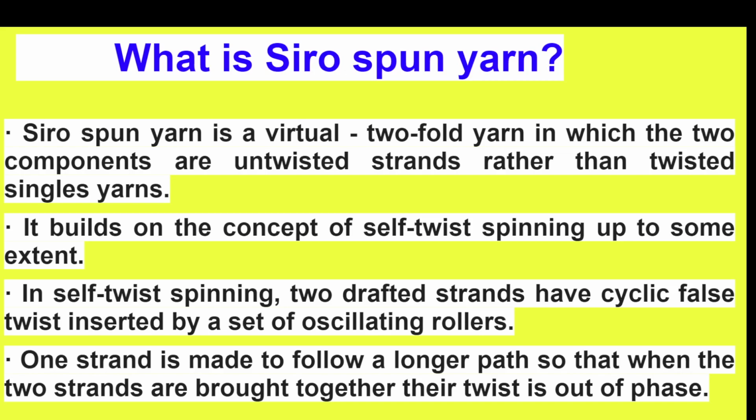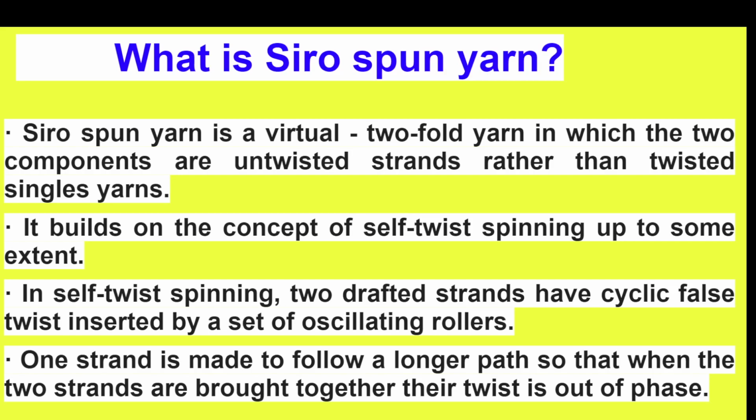It builds on the concept of self twist spinning up to some extent. In self twist spinning, 2 drafted strands have cyclic false twist inserted by a set of oscillating rollers.